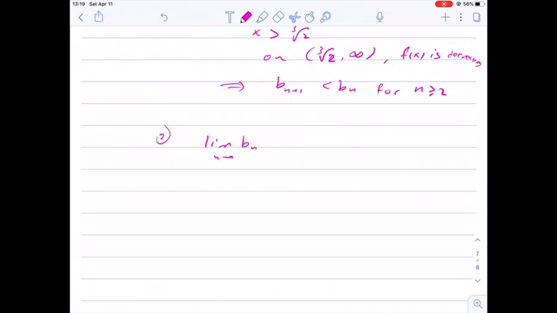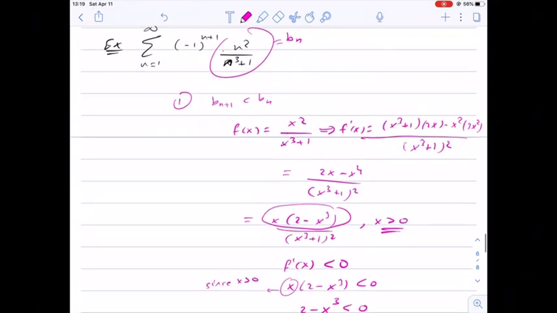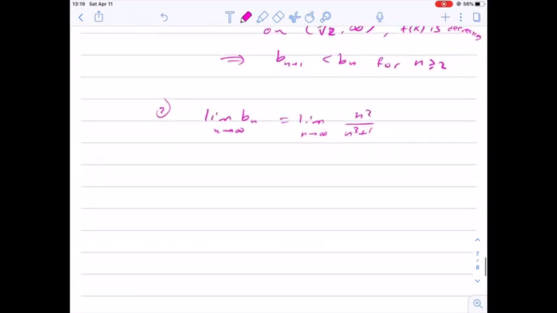The second condition, the limit of Bn as n goes to infinity, is the limit of n squared over n cubed plus 1, n goes to infinity. Now we divide by n cubed: the limit of (n squared over n cubed) over (n cubed over n cubed plus 1 over n cubed), n goes to infinity.